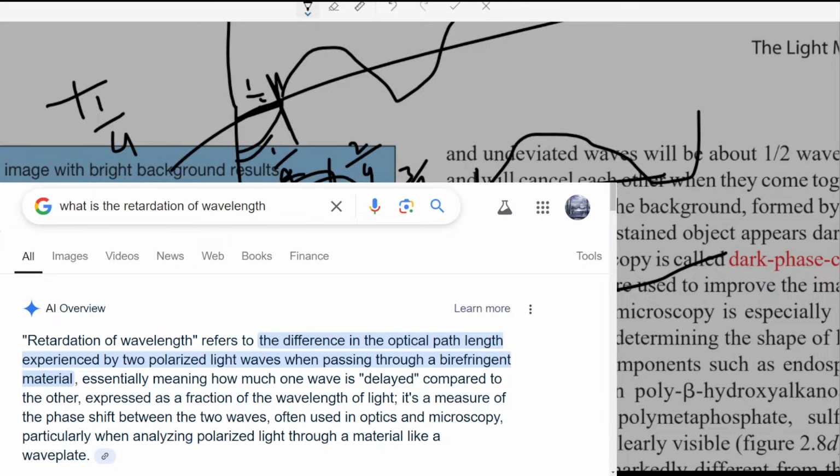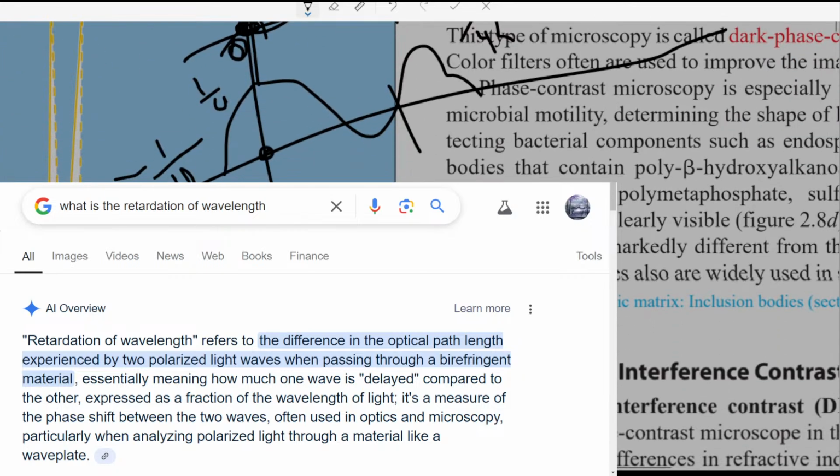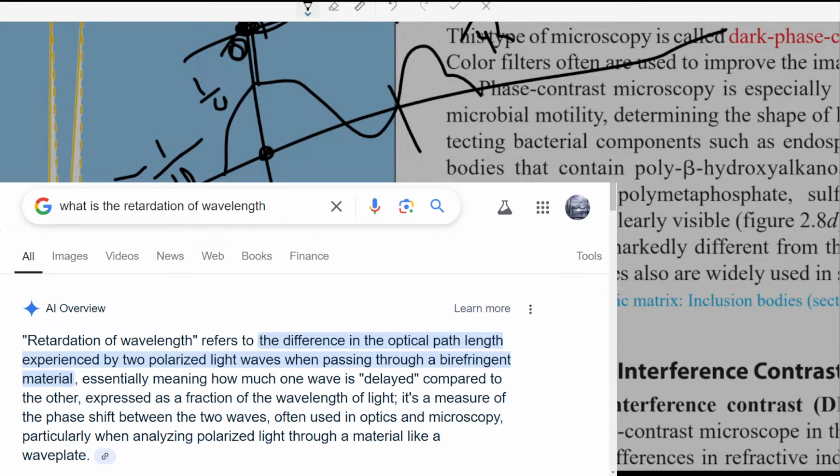So when they mean that, when these wavelengths, for example, this is minus 1 by 4 and this is plus 1 by 4, this is the change in their wavelength, like this one is in the past, this one is in the future.